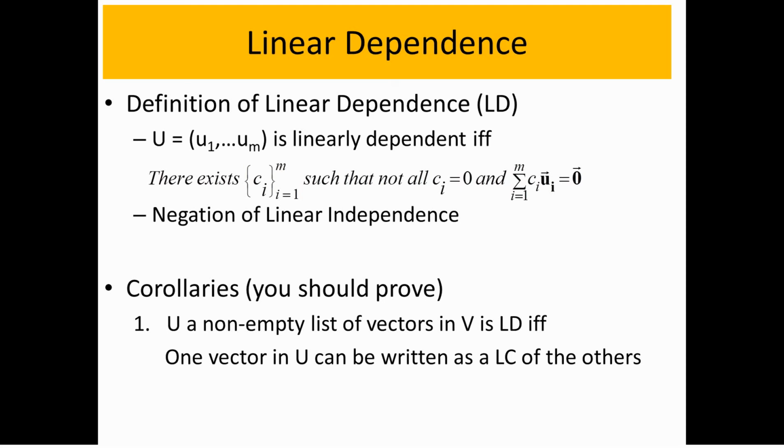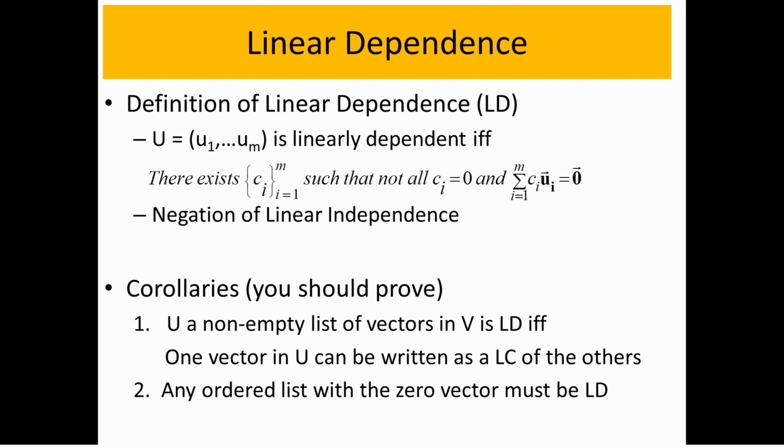And if you think about it, this is the negation of the previous theorem or corollary we proved for linearly independent vectors. The second corollary that's useful is that any ordered list with the zero vector must be linearly dependent. And again, that's easy to prove, but you should convince yourself that you can prove that.